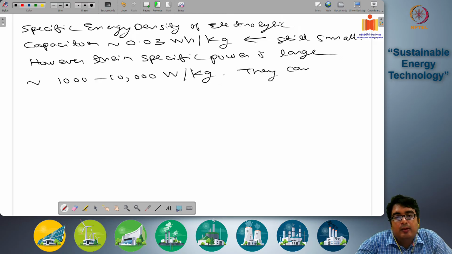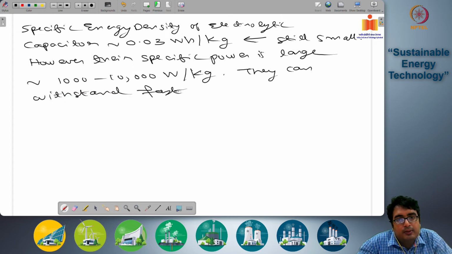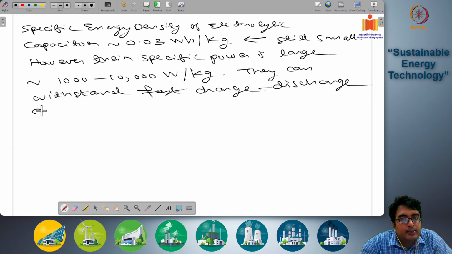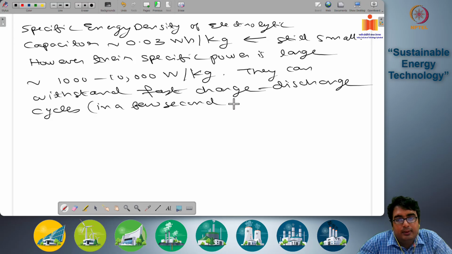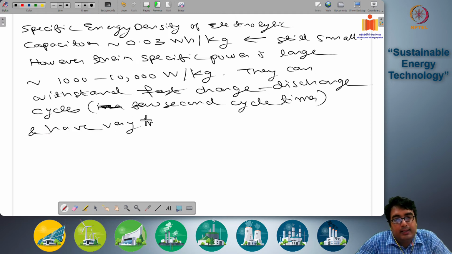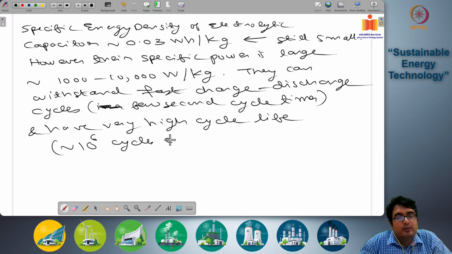They can withstand fast charge discharge cycles in a few second cycle time, and have very high cycle life of the order of 10 to the power 6 cycles or more.